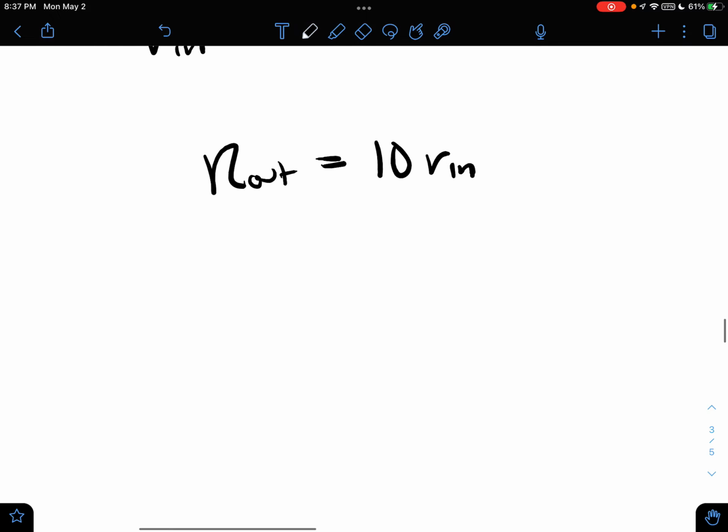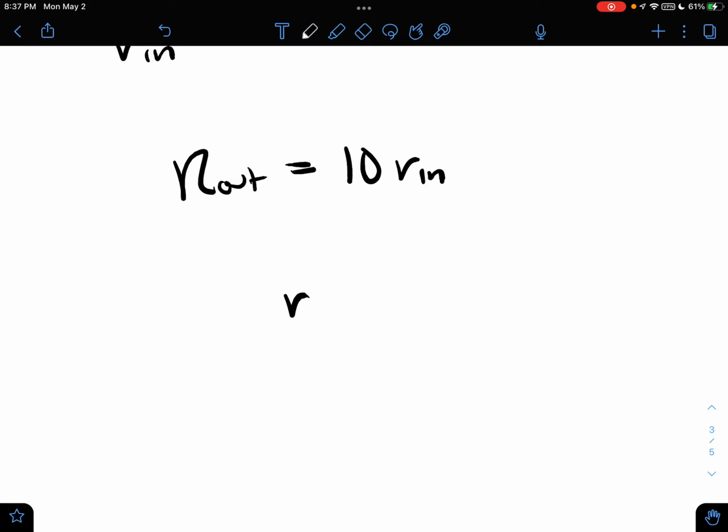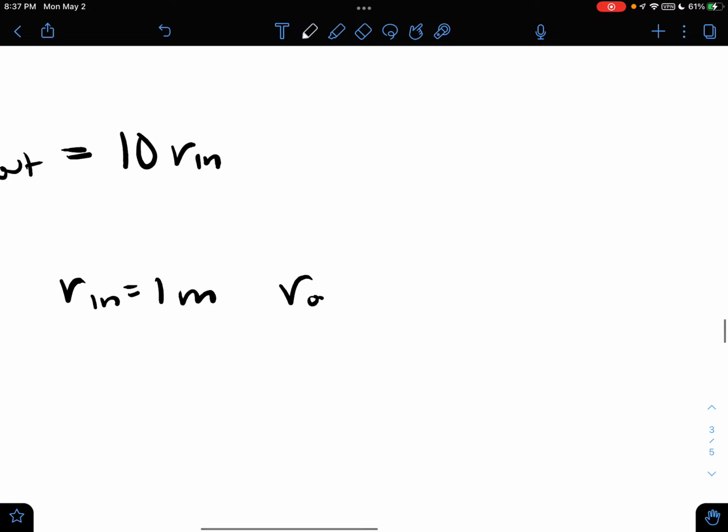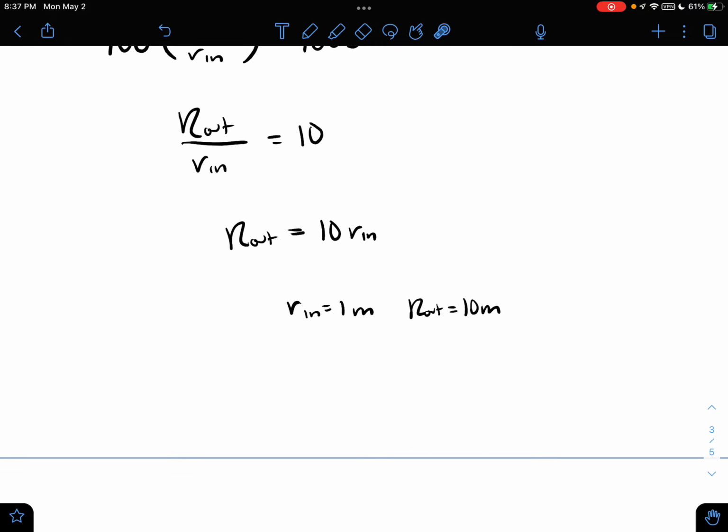So an example of something that would work, R in is 1 meter, R out, that's supposed to be big R, is 10 meters. Okay. 1 meter times 10, 10 meters. Doesn't really matter, could be anything. Right?